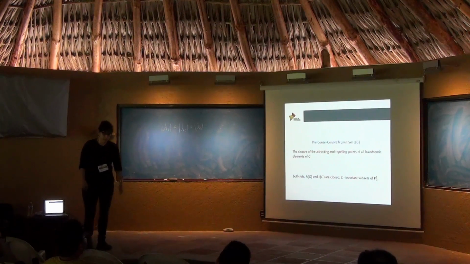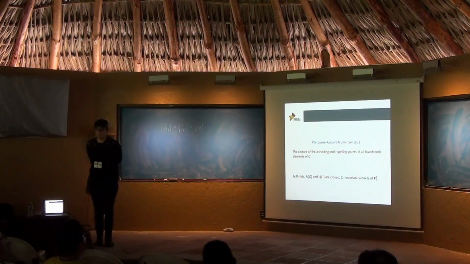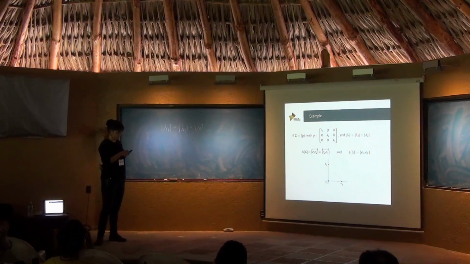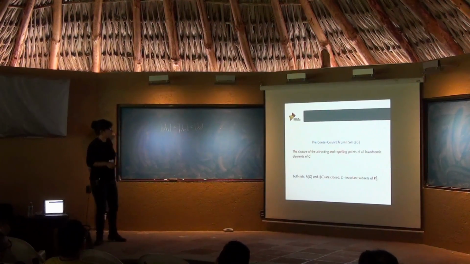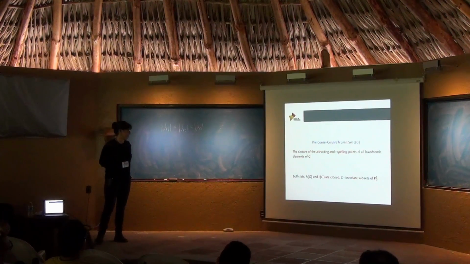But I will now introduce another type of limit set, called the Conze and Guivarc'h limit set. They work with the closure of the attracting and repelling points of loxodromic elements of the group.